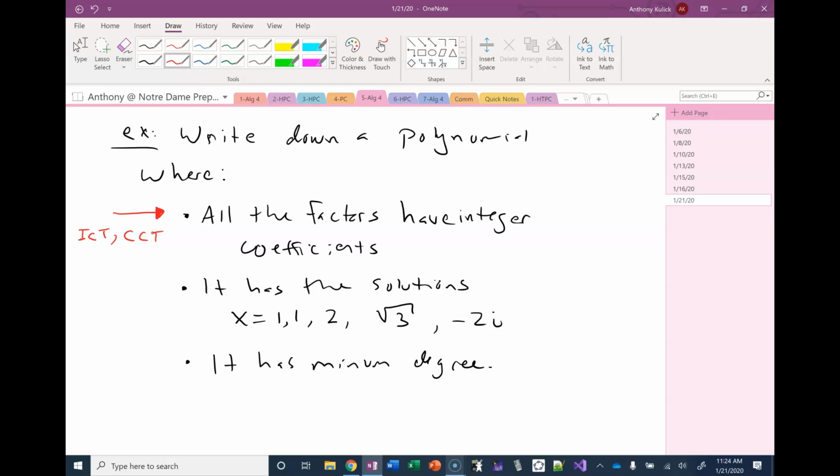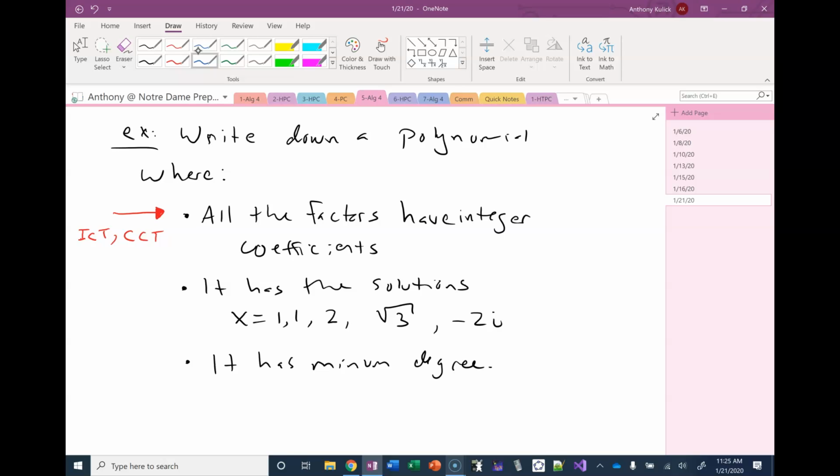So if we recall what the irrational conjugates theorem says, it is that a polynomial with integer coefficients has an irrational solution if and only if those irrational solutions occur in conjugate pairs.